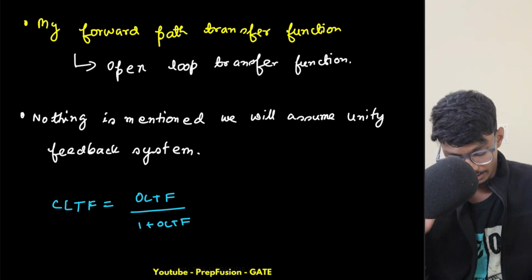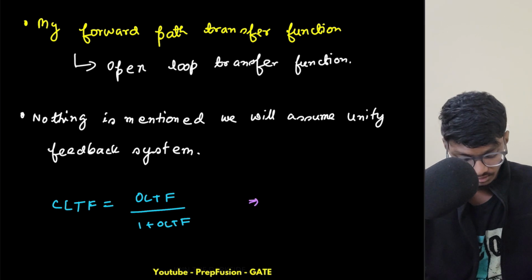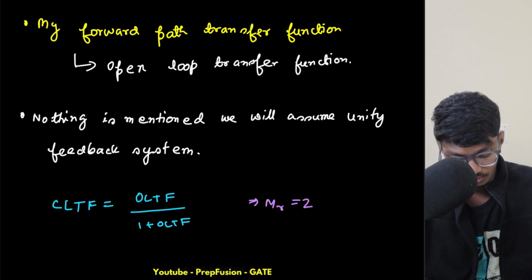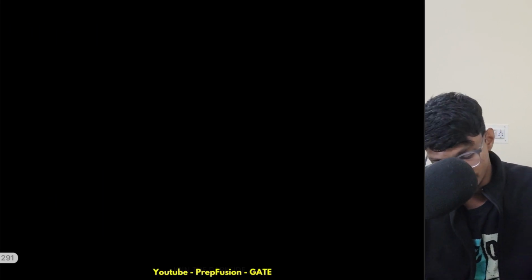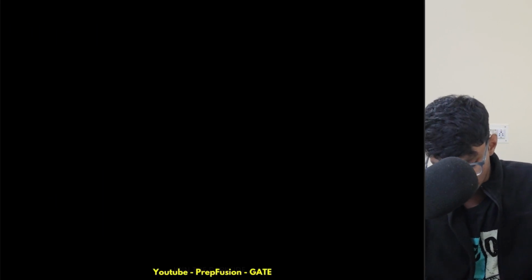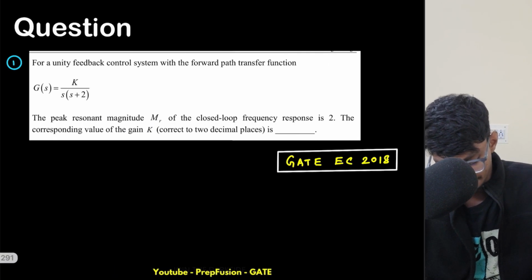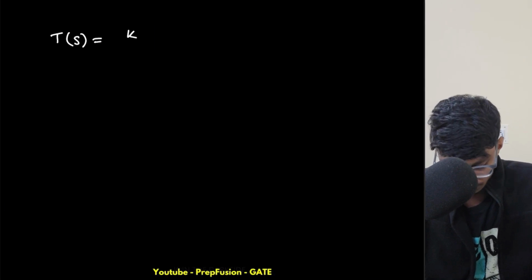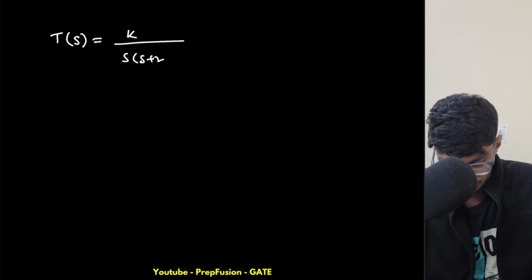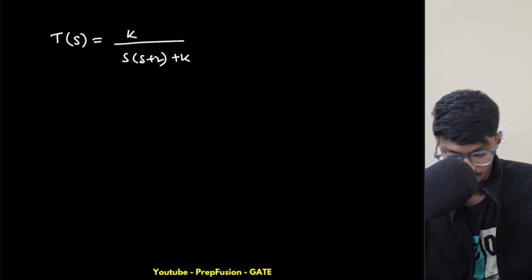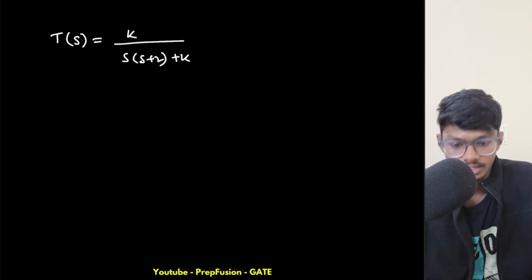What is the other information that is given? The resonant peak, which is equal to 2. Now what is my CLTF? I will simply write T of s equals K by s into s plus 2 plus K. Now what is the formula for Mr?